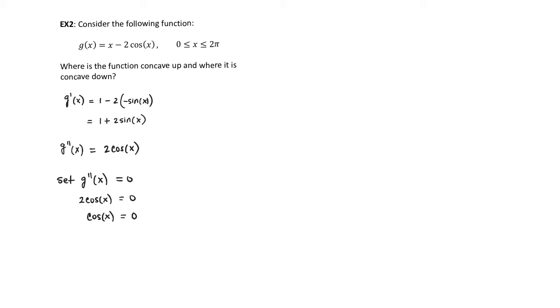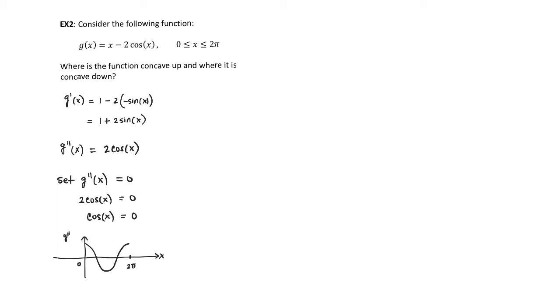So now, thinking of cosine, the sinusoid, its graph, for instance, where is cosine of x equals 0? Let me quickly draw a sketch of the graph. So we have something like this in the interval from 0 to 2 pi. This is x right here. This is the second derivative.